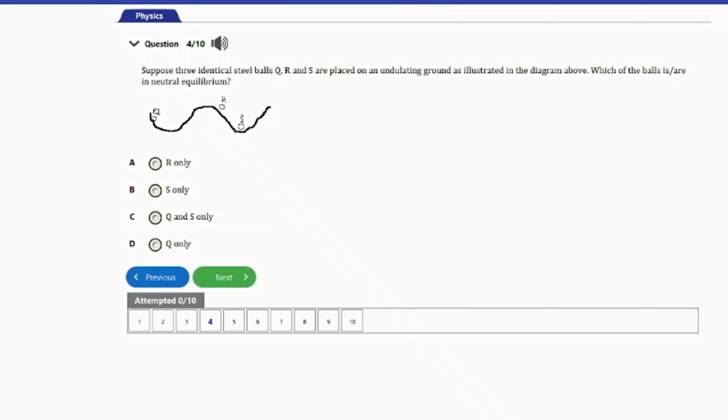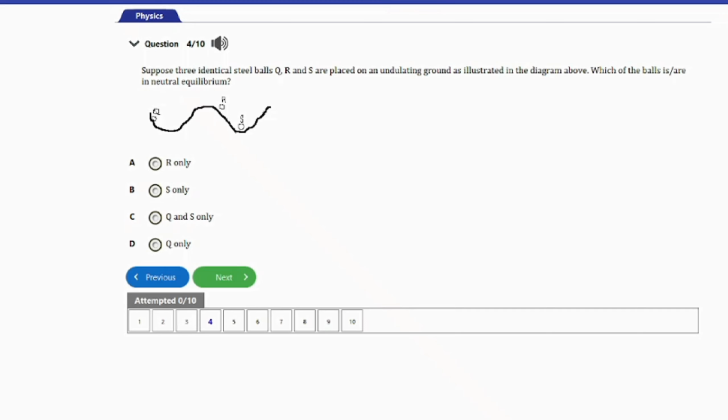We have Q, we have R, we have S. Option A says R only, option B S only, option C Q and S only, option D Q only. So the answer to this question is option D, and that's Q only. So that's it for this question.